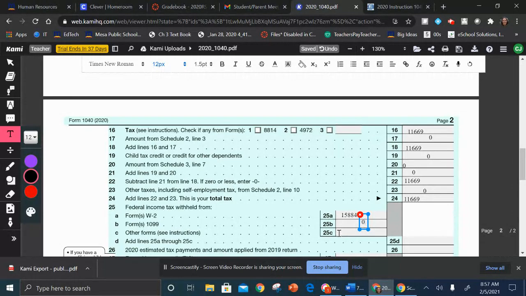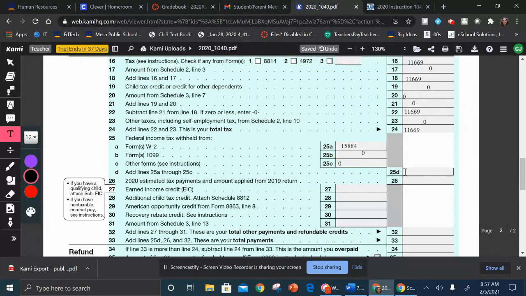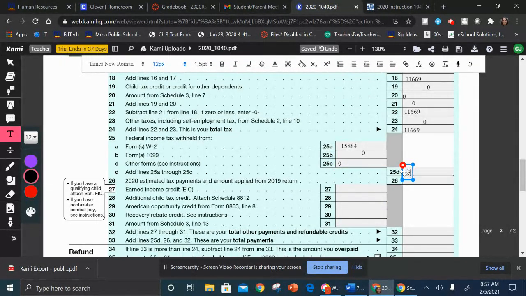Okay, and other forms, any other deductions that she had. They do actually let you also deduct child care up to a certain amount. Okay, so this one, add lines 25C. So we're just bringing that down.